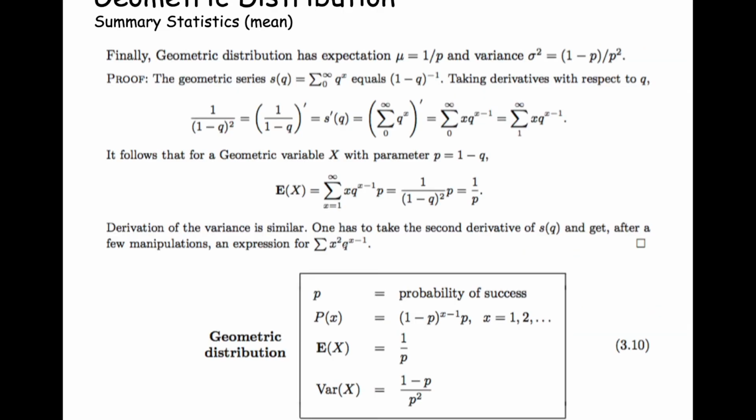Okay, so let's look at the summary statistics, and this is from the book. And we're going to look at the mean, and we're also going to look at the variance. Now, with the mean, they start out taking the geometric series. Here's our sum, a geometric series defined by constant factor q.